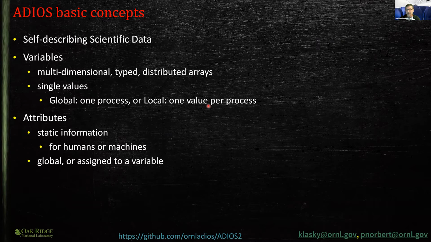Either there is a global value that the simulation outputs, like the step or iteration that the application is at, or the local one, which is a value per process. For example, the rank of each process is a value that you can write. And then attributes are static information, strings and values that you can assign to variables.